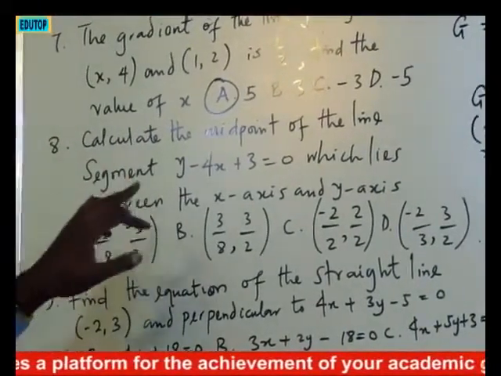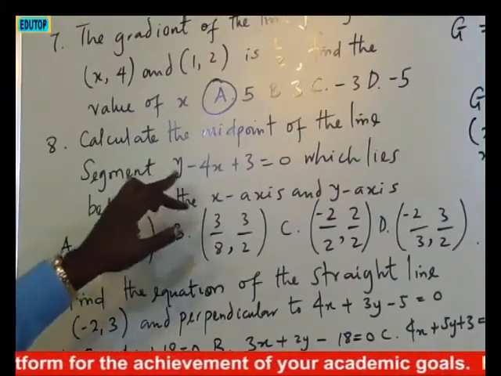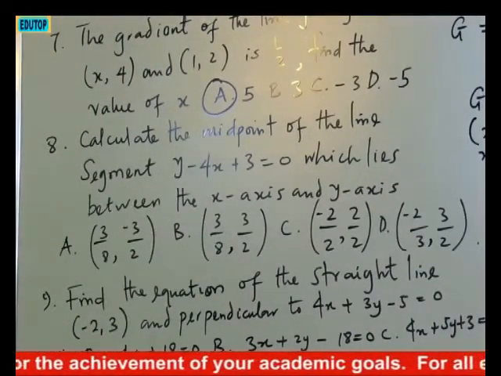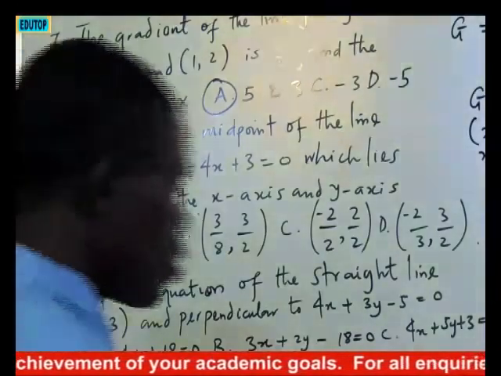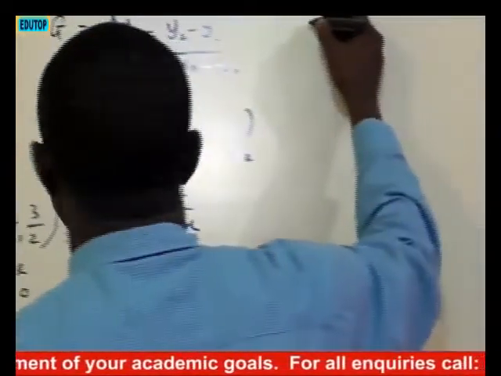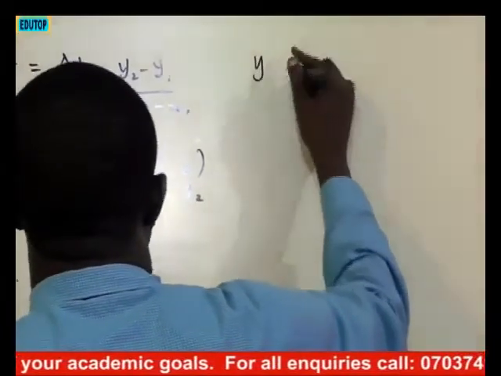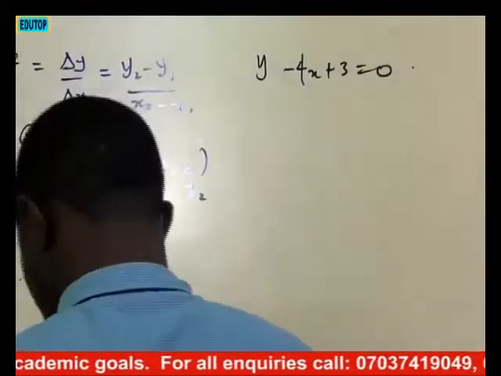Then question 8, calculate the midpoint of the line segment y minus 4x plus 3 equals 0, which lies between the x axis and y axis. Take note of that. So we know that the line segment is y minus 4x plus 3 equals 0.